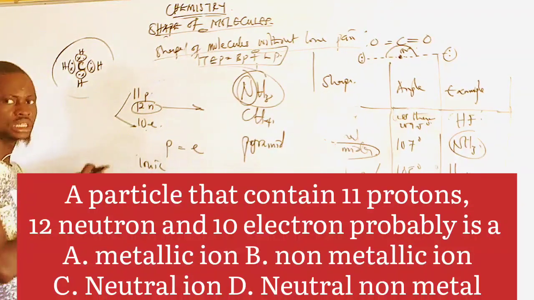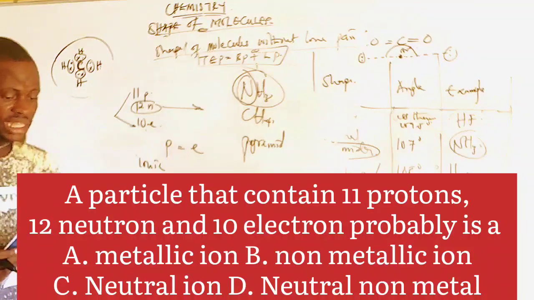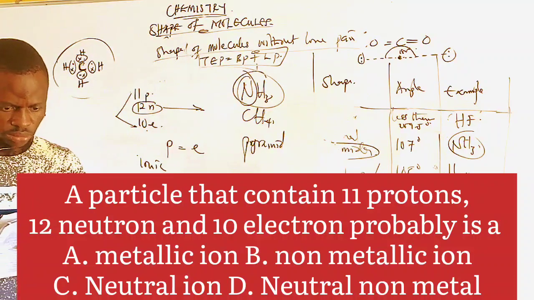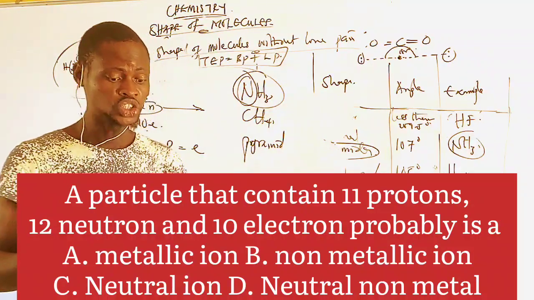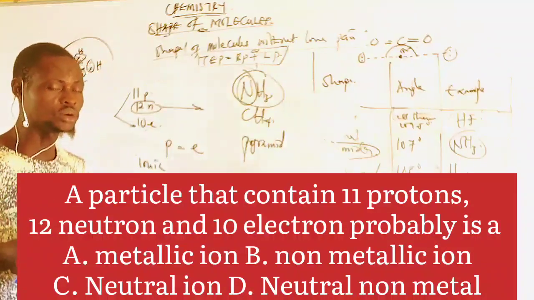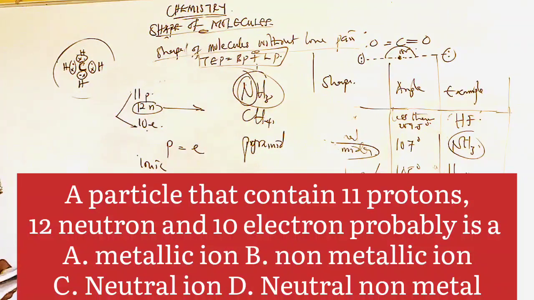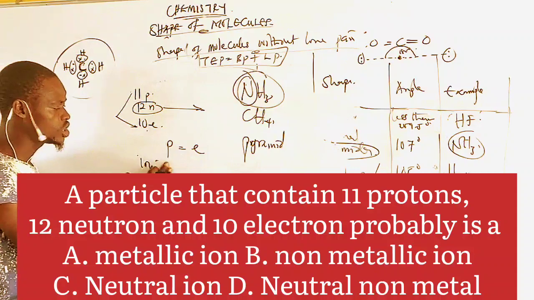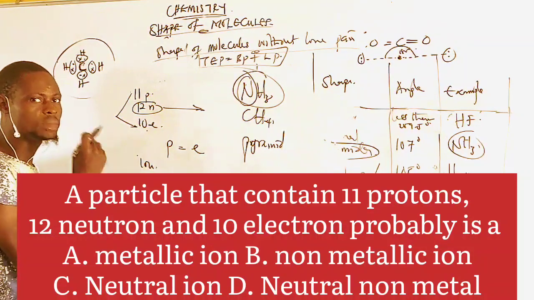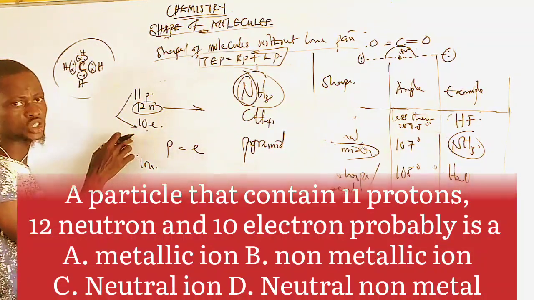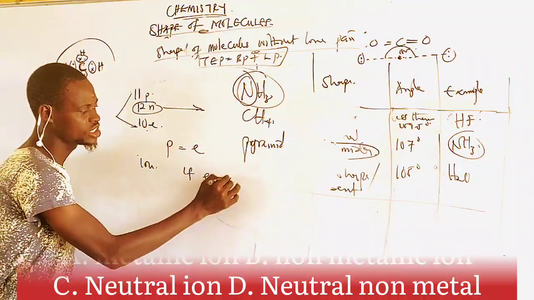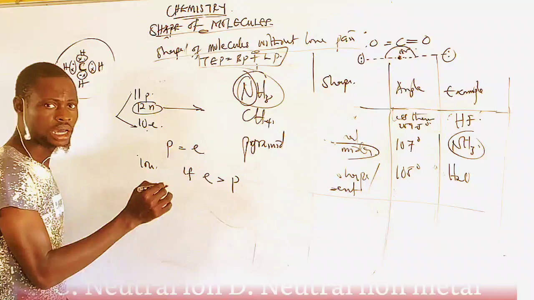But what kind of ion? In the question we have metallic ion, non-metallic ion, neutral ion, neutral non-metal. Now, we know it is an ion, but is it a metallic ion or a non-metallic ion? We determine by the number of electrons. If the number of electrons is greater than the number of protons, are you getting what I'm saying now?